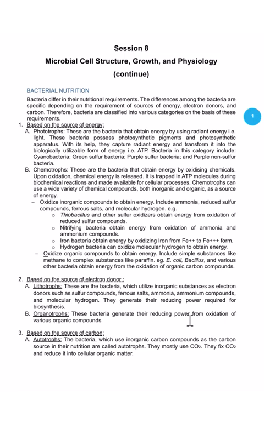The third type, according to the nutritional requirements, is the grouping of the bacteria based on the source of carbon. The first group, we have the autotrophs. Autotrophs are bacteria which use inorganic carbon compounds like carbon dioxide. Okay, carbon dioxide is a source of carbon, yet it is an inorganic compound.